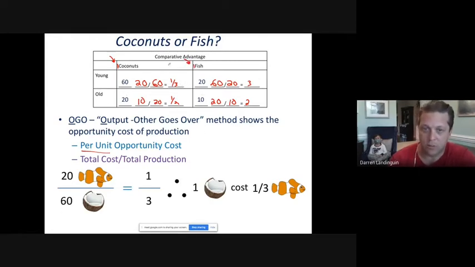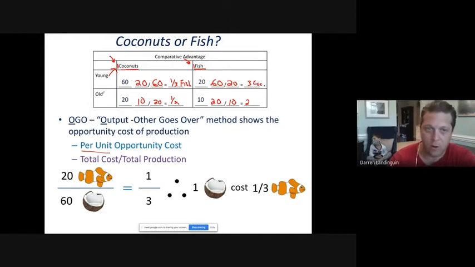What this number is, this 1/3 or this 1/2, this 3, this 2, is the opposite item from what is above it in the table. So if the young man chooses to focus on coconuts and produces 1 coconut, that's going to cost him 1/3 of a fish. Likewise, if the young man catches a fish, it's going to cost him 3 coconuts.